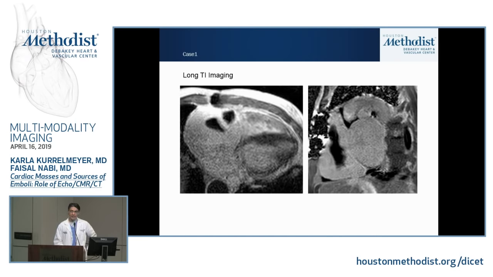But more importantly, one of the sequences that we use post-contrast is this long TI imaging, where we set the inversion time to almost 600 milliseconds. What that allows you to do is the only thing that will be jet black in these images is something that is completely avascular, that has not taken up any gadolinium. And that, by definition, is a thrombus.